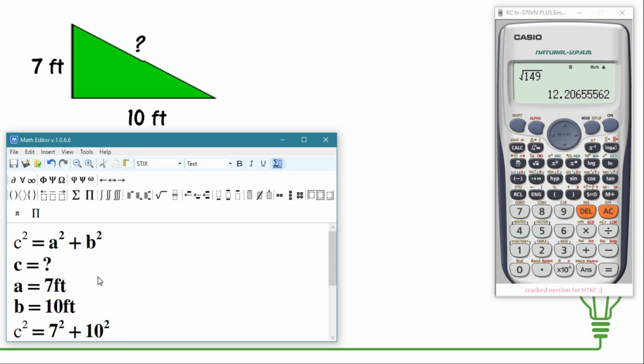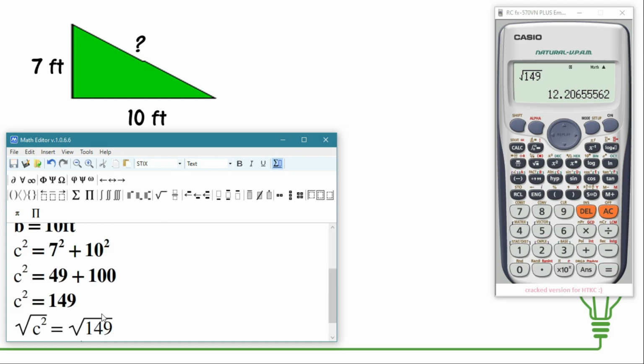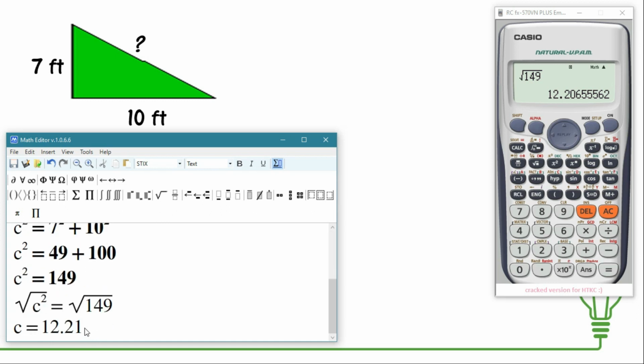And in this case, we have used feet. Okay, meaning to say the value of C, or the length of the hypotenuse, is 12.21 feet.